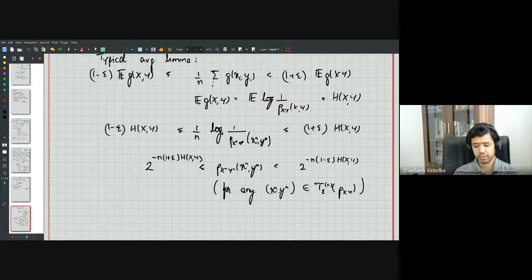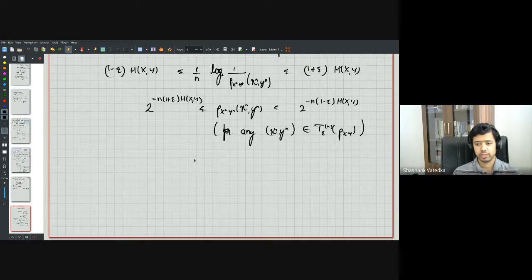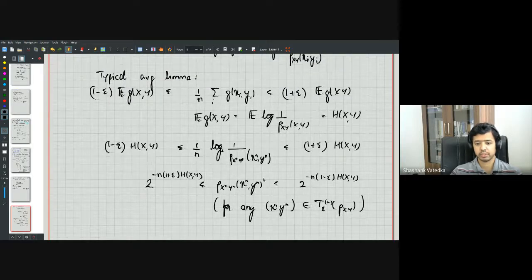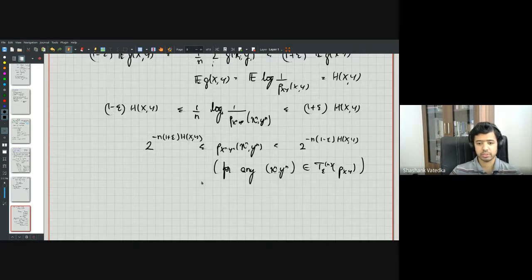So if a sequence is typical, then all the empirical averages are close to their expectations, right? And this is saying that the empirical average of log 1 over p x y is close to the true value. So therefore, p of x n y n should be close to the expectation, which is 2 to the minus n times H of x comma y.